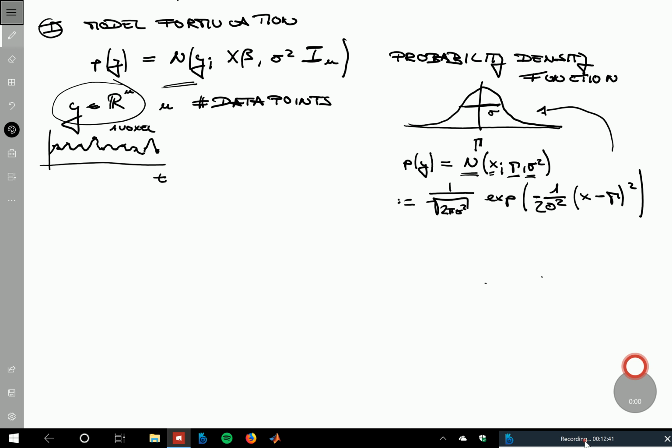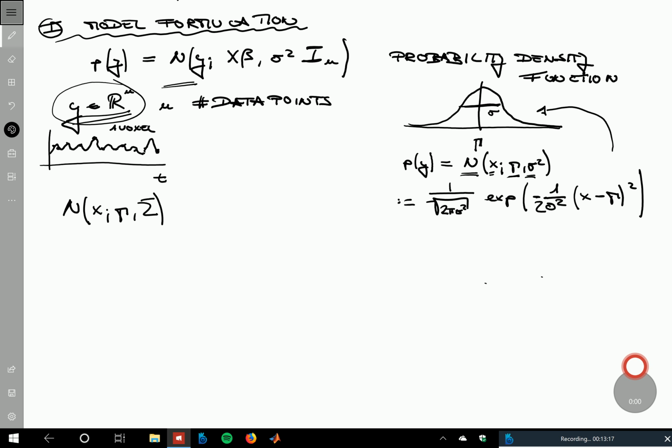And what this probability density function specifies is a probability density over the entire time series, for each individual data point in this time series, which has n entries. This probability density is given as follows. I'm first writing down now briefly the multivariate Gaussian, and then I explain why it has this form.